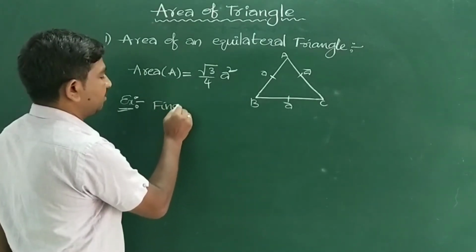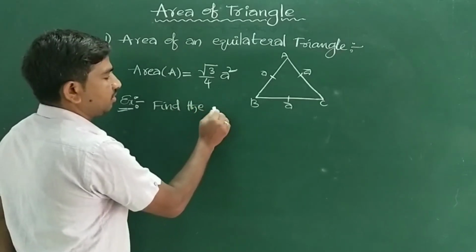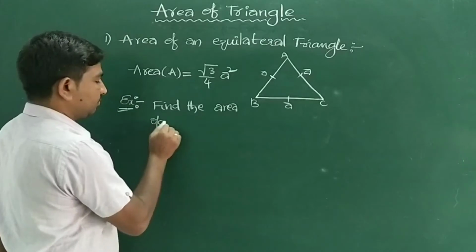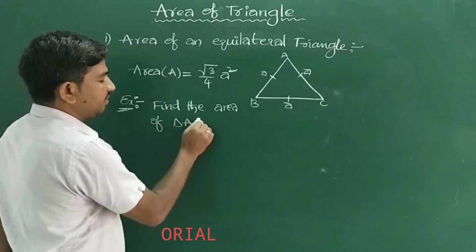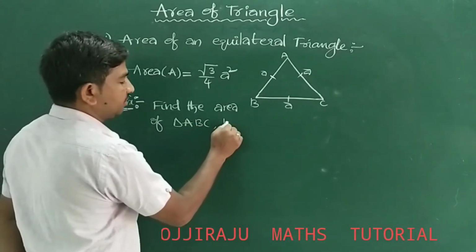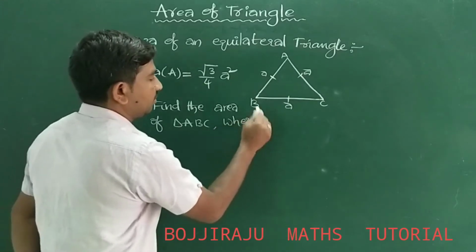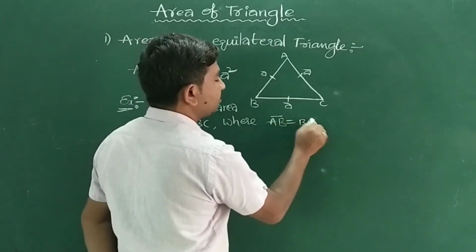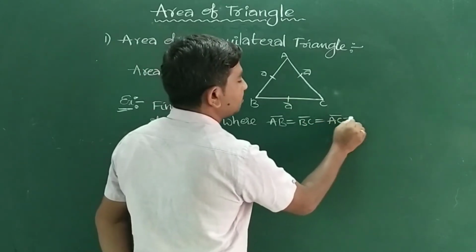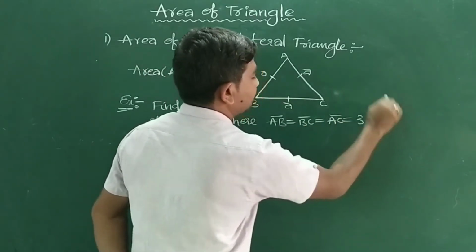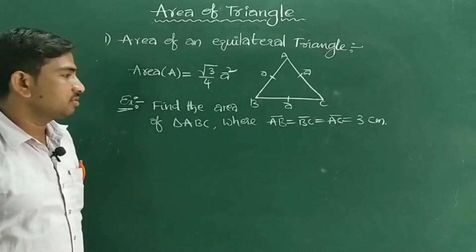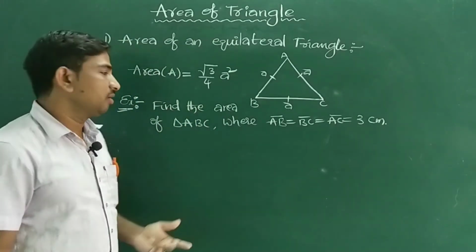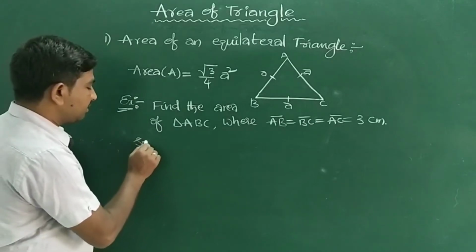Find the area of triangle ABC where AB equals BC equals AC equals 3 centimeters. So this is nothing but an equilateral triangle only. How can we solve this?